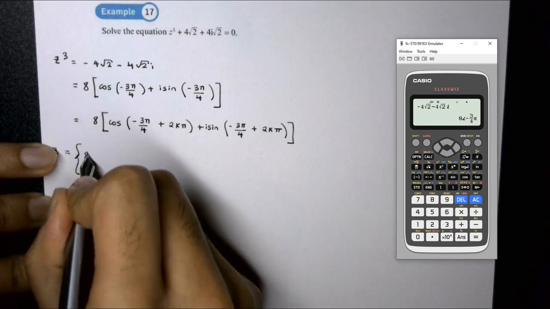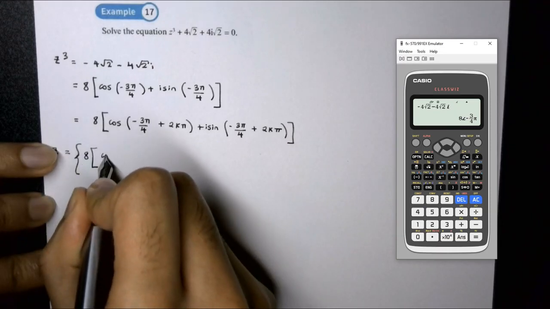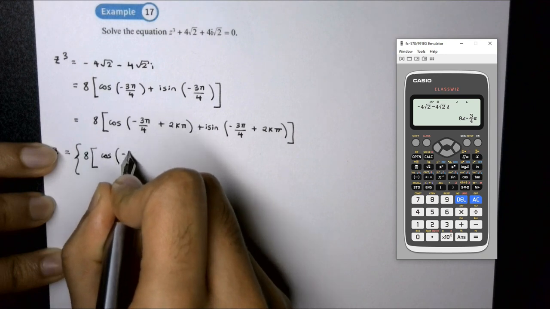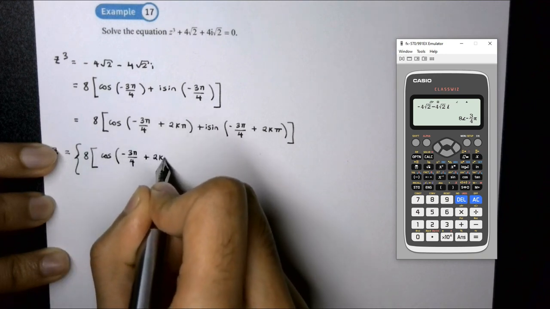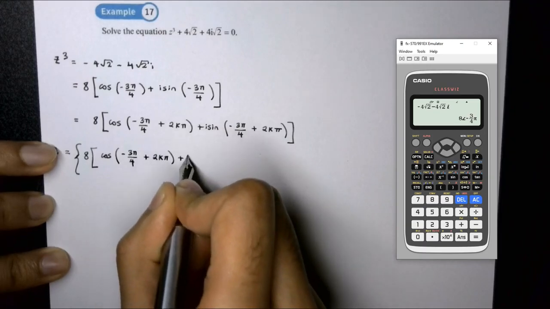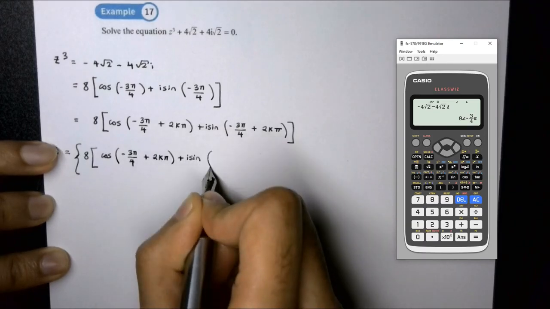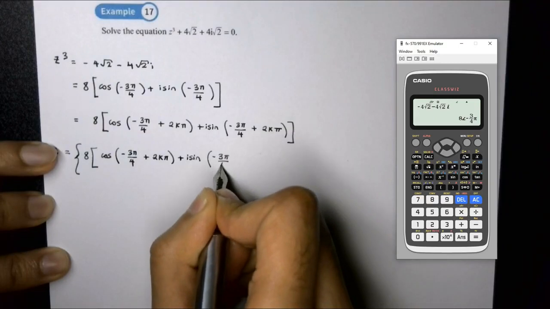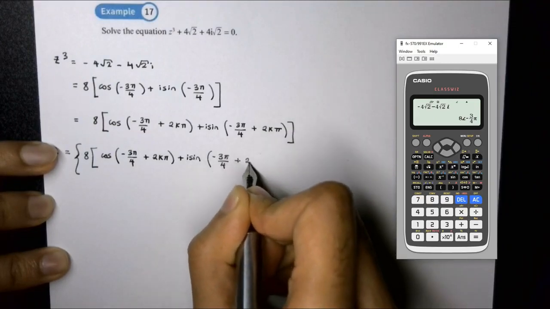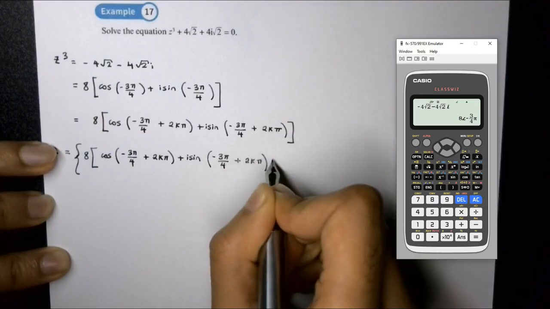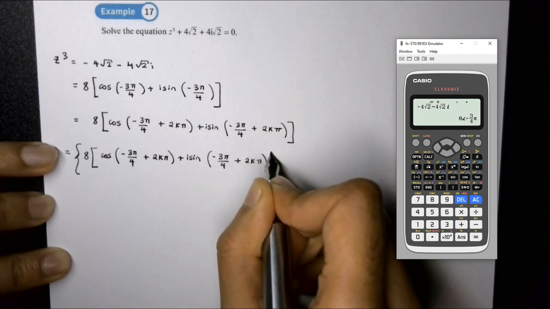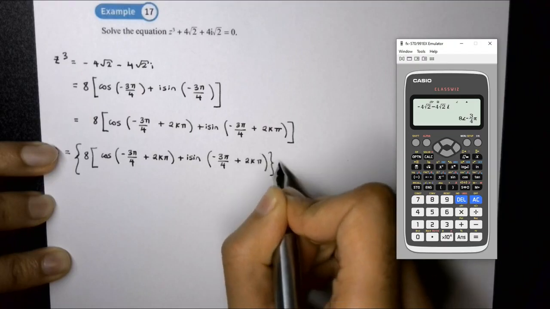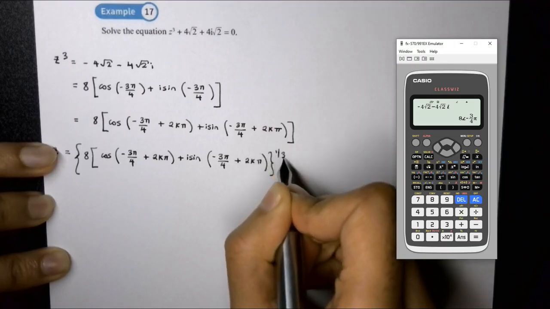So we have 8 lots of the cosine of -3 pi over 4 plus 2k pi plus i times the sine of -3 pi over 4 plus 2k pi. And then we will raise this to the power of 1/3.